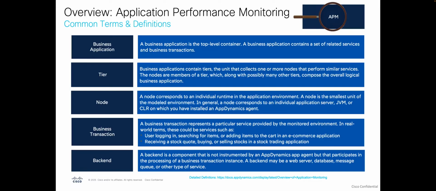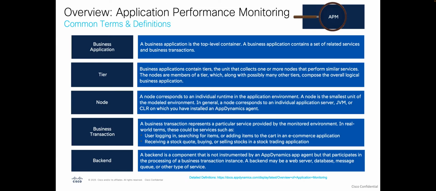Maybe you have some sort of services tier going over to an inventory tier, and in that inventory tier, it's going out to a back end call, like a database, to find out if the right product is there, and it comes back and reports it back. That whole transactional communication between all of the components of your application is considered business transactions traveling through the nodes and tiers within a business application, and they could go out to backends.